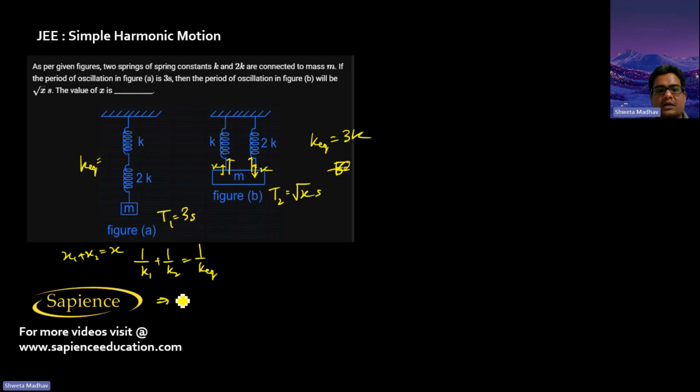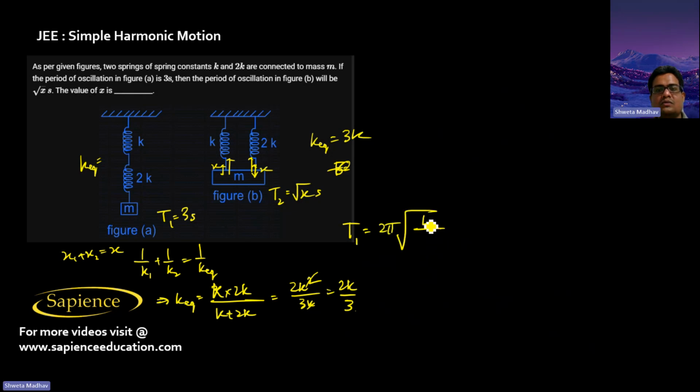So k equivalent will be equal to k1 k2, that is k into 2k, by k1 plus k2, that is k plus 2k. So this is 2k square by 3k, so this is 2k by 3. Now time period T1 is equal to 2 pi root over m by k equivalent, which is equal to 2 pi root over m by 2k by 3, means 2 pi root over 3m by 2k, which is told to be equal to 3 seconds.